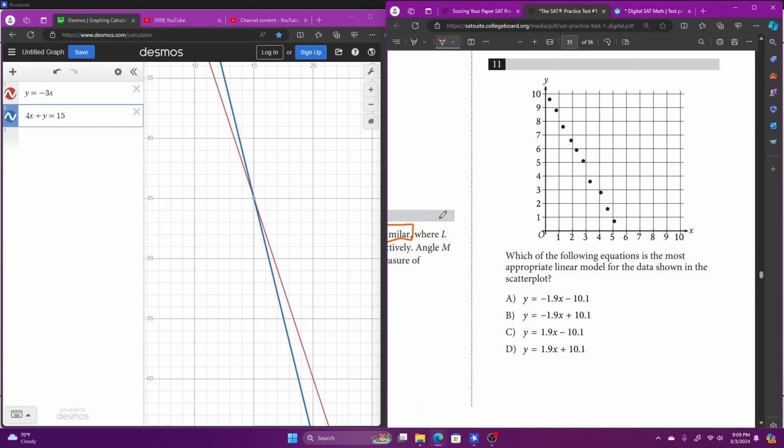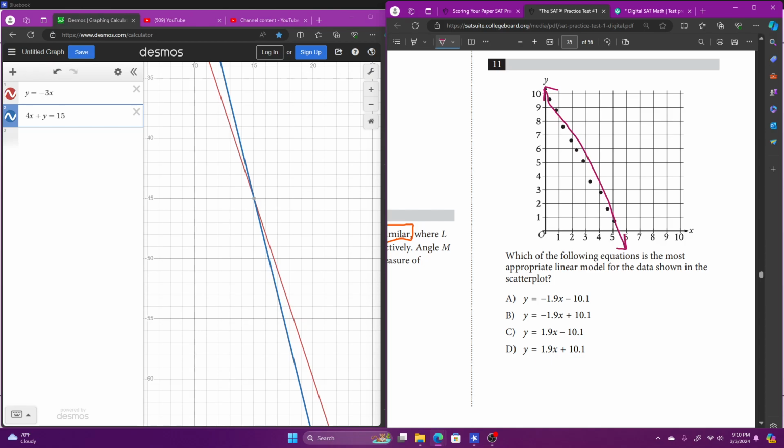And question number 11. Which of the following equations is the most appropriate linear model for the data shown in the scatter plot? So when I'm looking here, what would be the closest linear equation? I've got a y-intercept at about 10 and a negative slope.